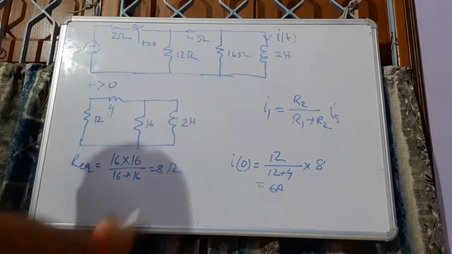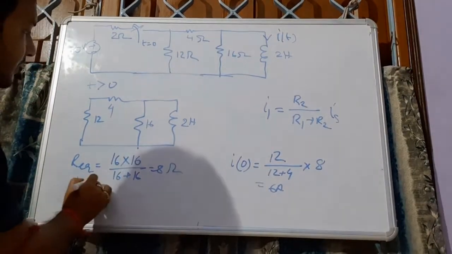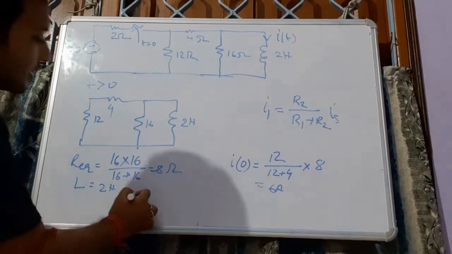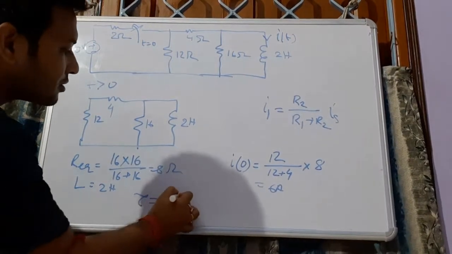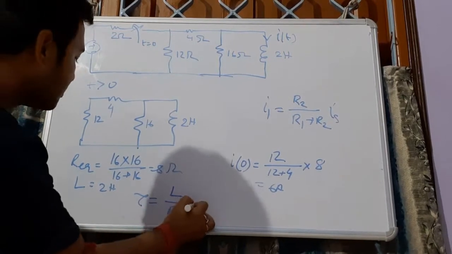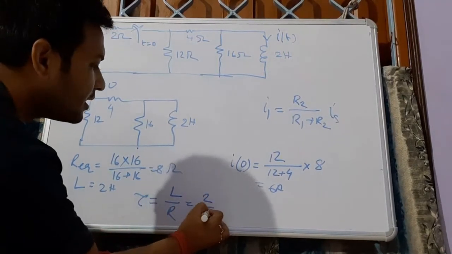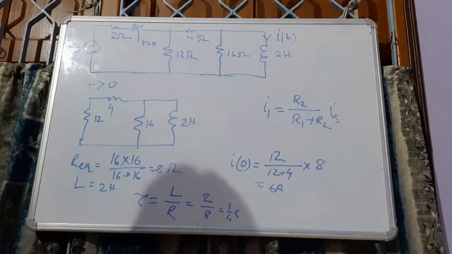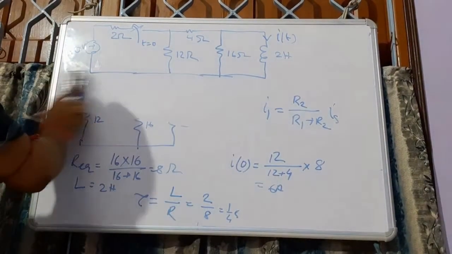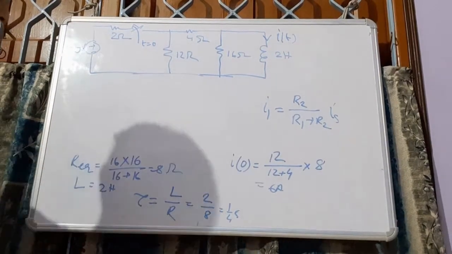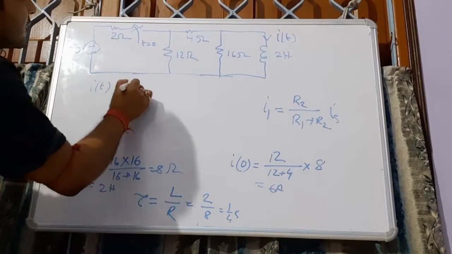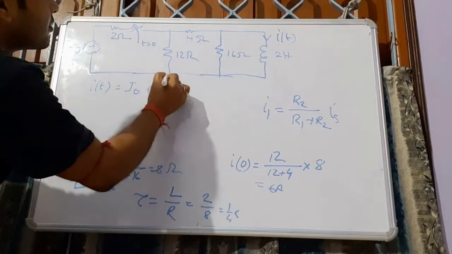And L is 2 Henry. Now what is the time constant? Tau equals L by R. So this will be 2 by 8 equals 1 by 4 second, right? Now we know the formula: I of t equals I0 e to the power minus t by tau.